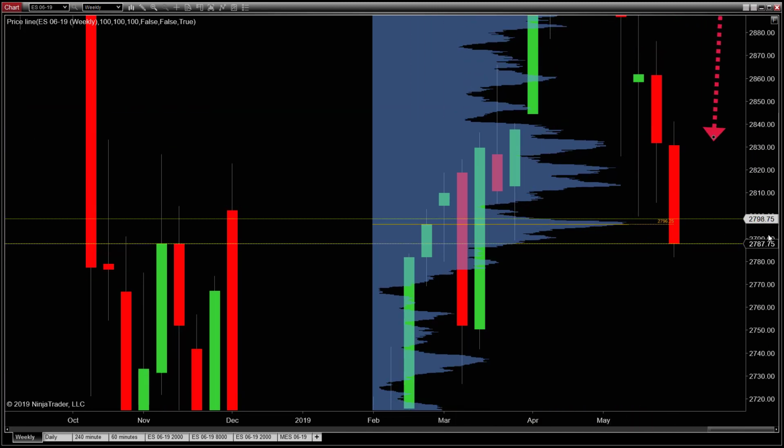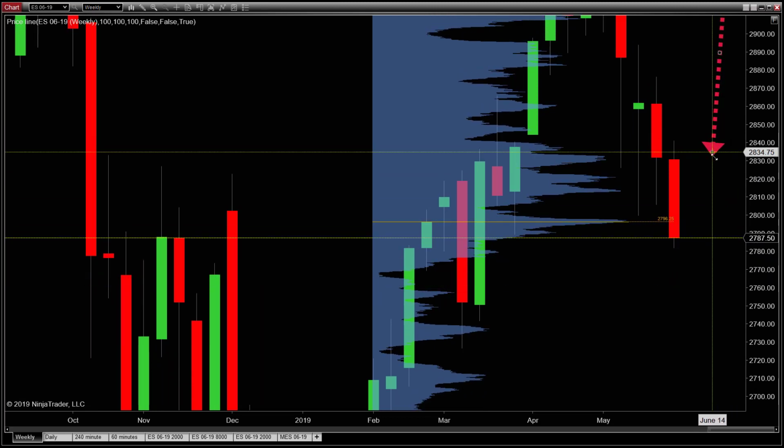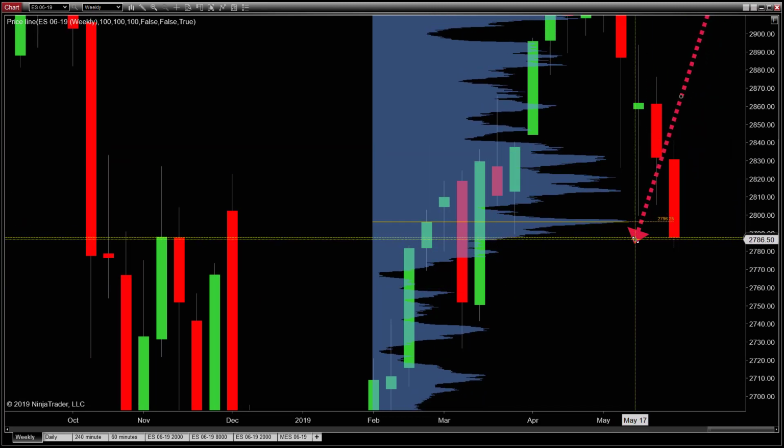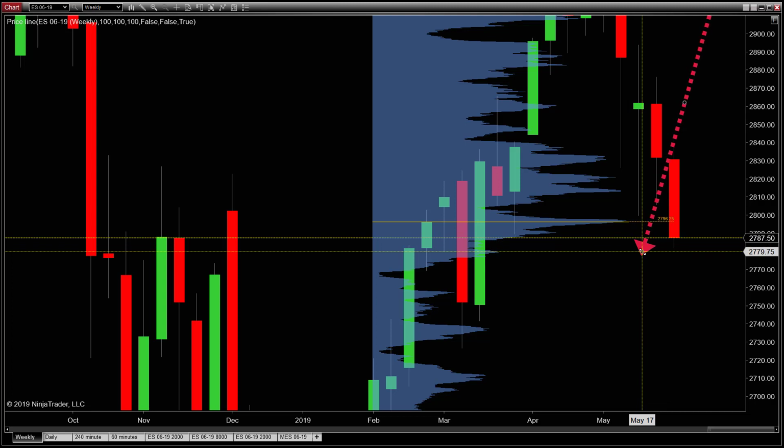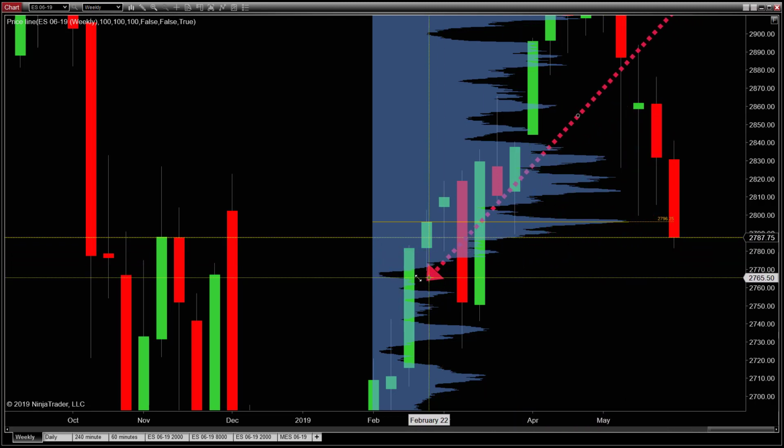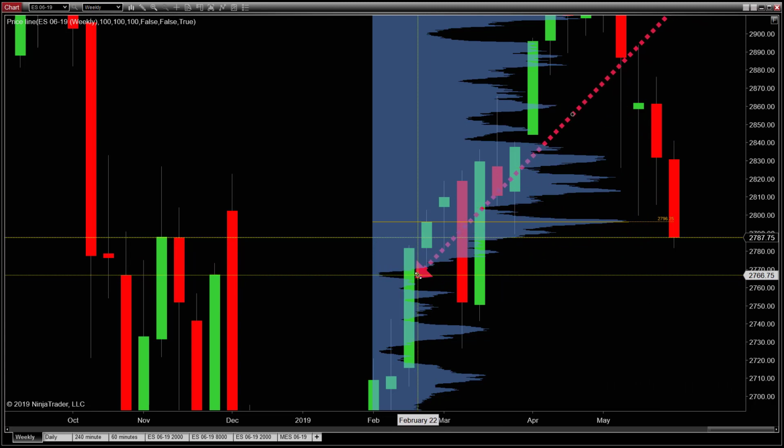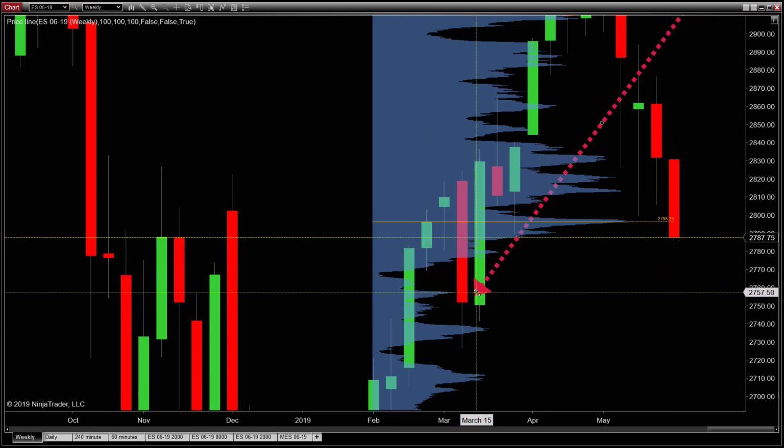But looking at this on the large time frame, if we were to get more weakness today, we've already kind of tested the top of this. We've got this area of 2766 that you have a big gap in, with the top of the node at 2757, and I think that's pretty much the range extreme for the day.